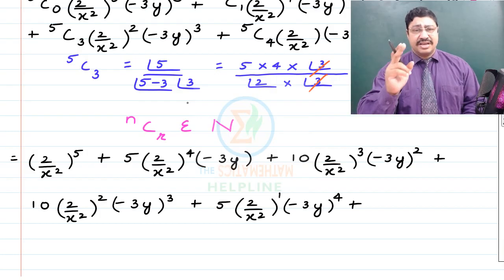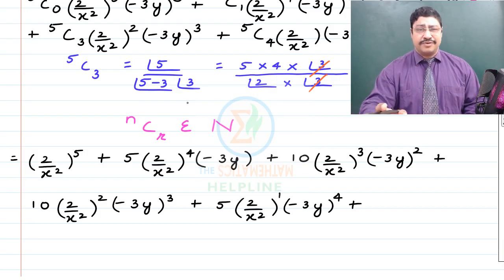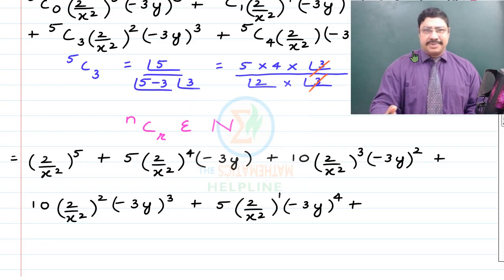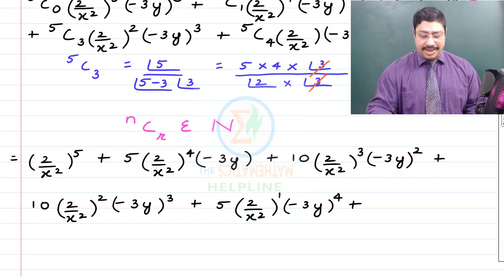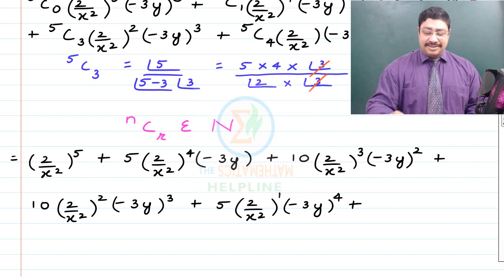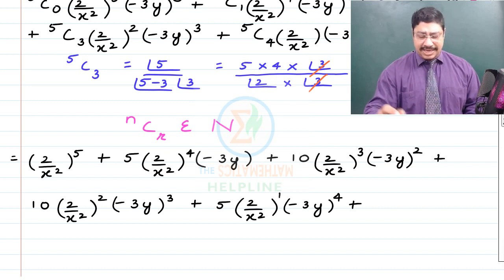Remember, always the first and the last binomial coefficients are 1, right? And the binomial coefficients as many from the front is equal to as many from the end. So you saw that the first was 1, the last was 1. The second was 5, the second last was 5. The third last was 10, and the third from the beginning was 10, right?